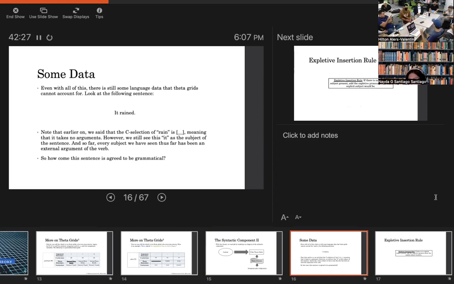Now we're going to look at some more information to see some additions that we have to make to this. If you read the theta presentation after the end card, all of this is there in much more detail, so we're just going to say what is important for this presentation. Here's an example to consider: it rained. Question: what does "it" refer to?